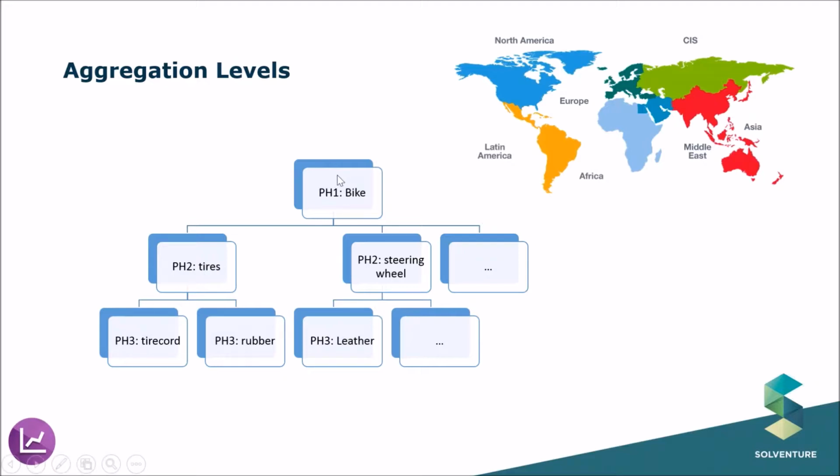Neither do we typically look at the highest level of aggregation, right? Because if you look at your assets, maybe it's not just enough to know how many bikes you will sell, but you want to know which different types of bike, what will be their use. So you want to go a bit lower into the product hierarchy.